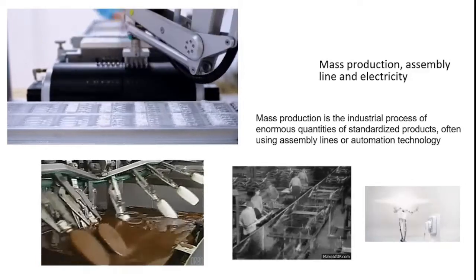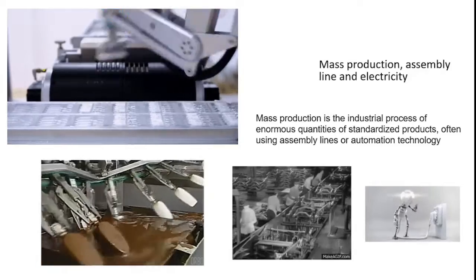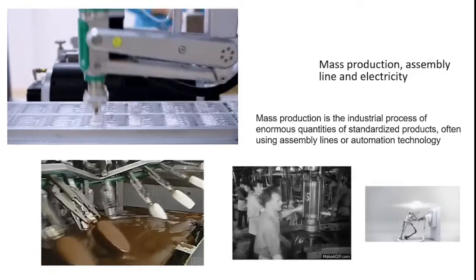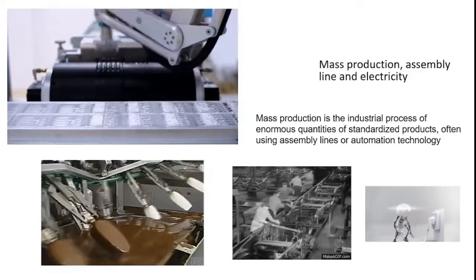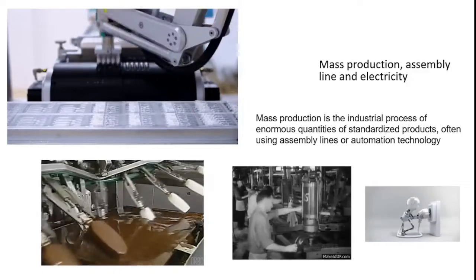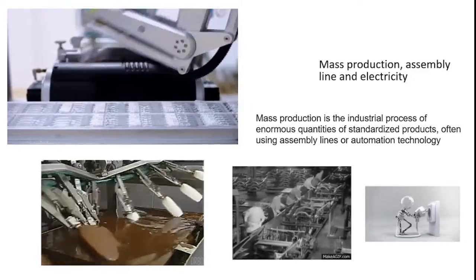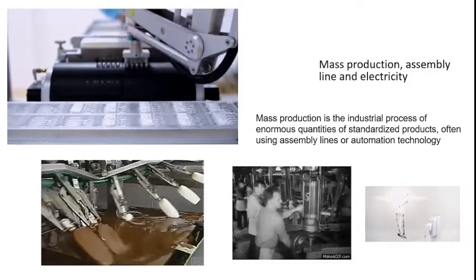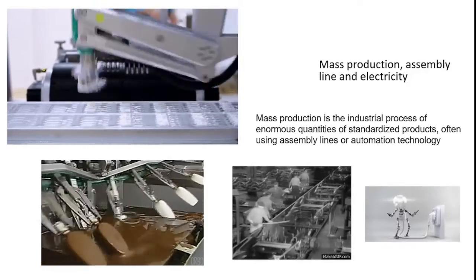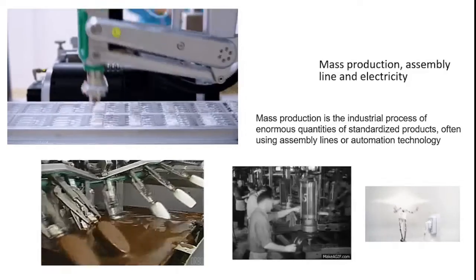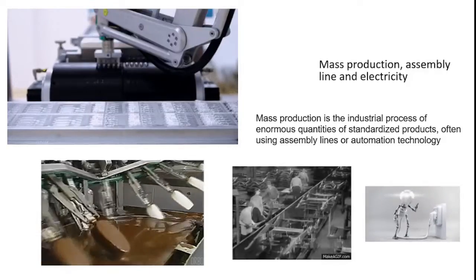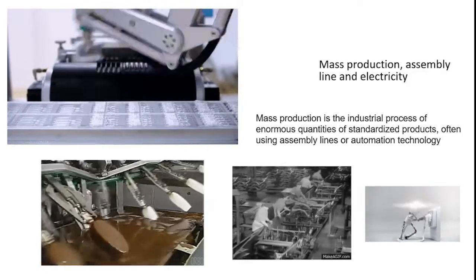So these kinds of industries are called Industry 2. Industry 2 is used to produce standardized components at mass level. Mass production is the industrial process of producing enormous quantities of standardized products, often using assembly lines or automation technology.